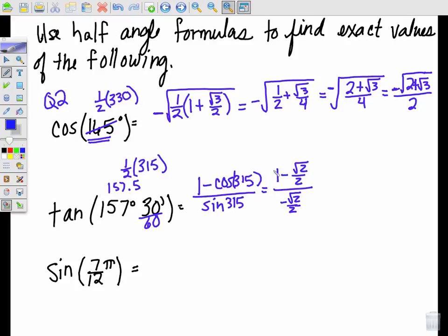All right, so what I'm going to do right now is on top I'm going to go ahead and combine my like terms, combine my expressions, so it would be 2 minus the root 2 all over 2 divided by negative root 2 over 2. It's time to multiply by the reciprocal.